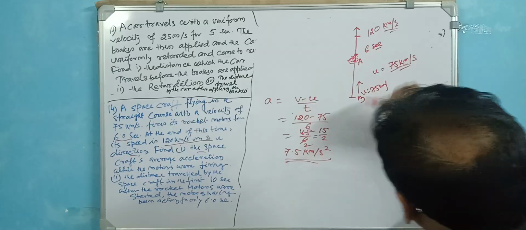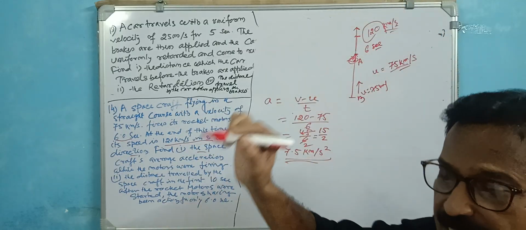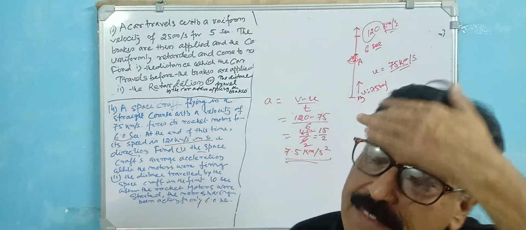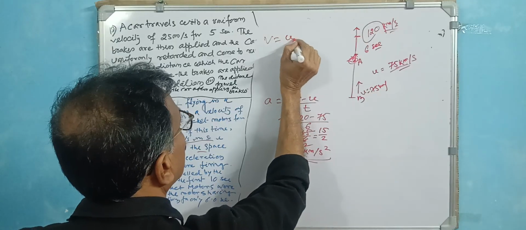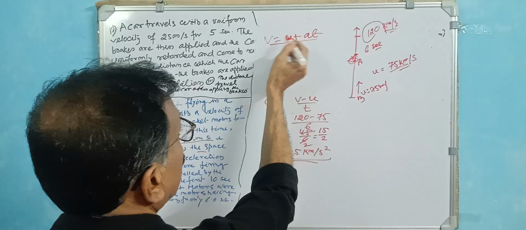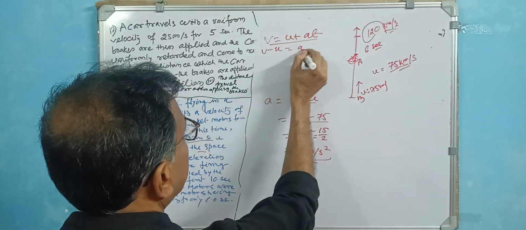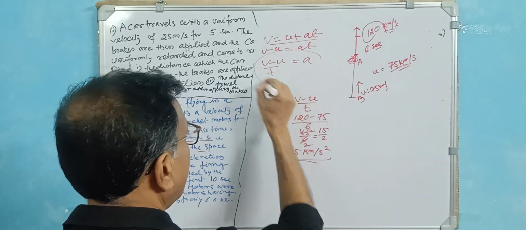Starting here, the rocket is fired and the speed increases to this within a time of 6. So what is the acceleration? Acceleration is v minus u by t. Actually the formula is v equals u plus at, so v minus u equals at, so a equals v minus u by t. I just put it directly here.